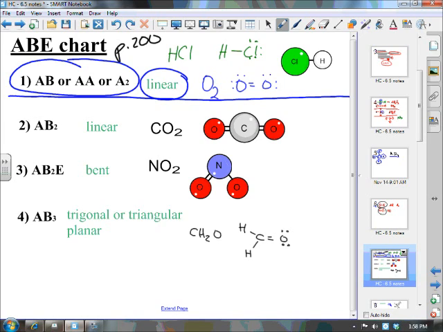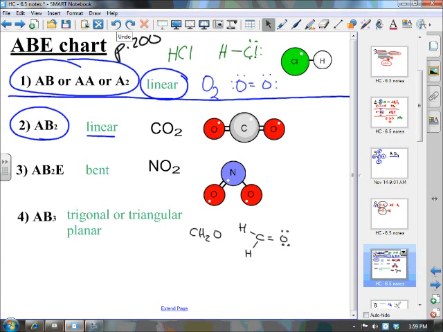If we draw a Lewis structure and its formula fits the format of an AB2, then that chemical is linear. Perfect example, carbon dioxide. Why is this structure linear? Well, the reason this is linear is because there's no pairs of electrons on this center carbon.